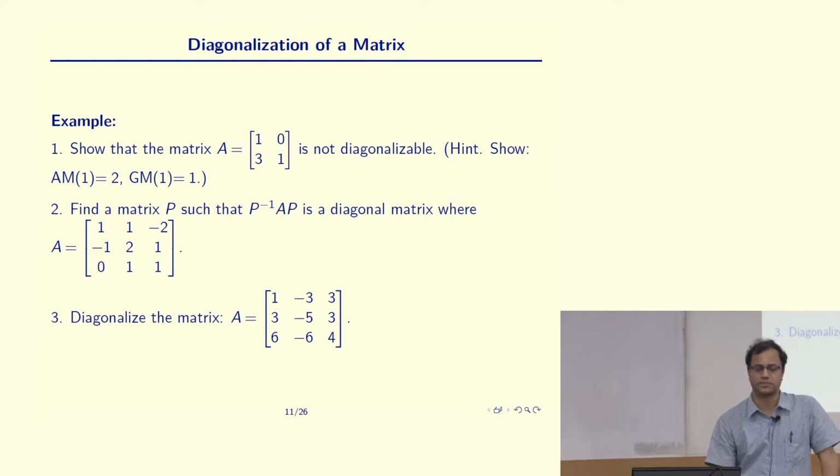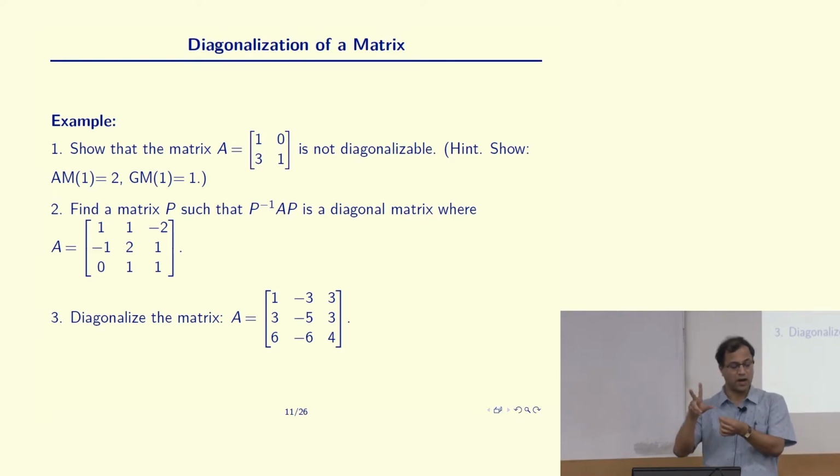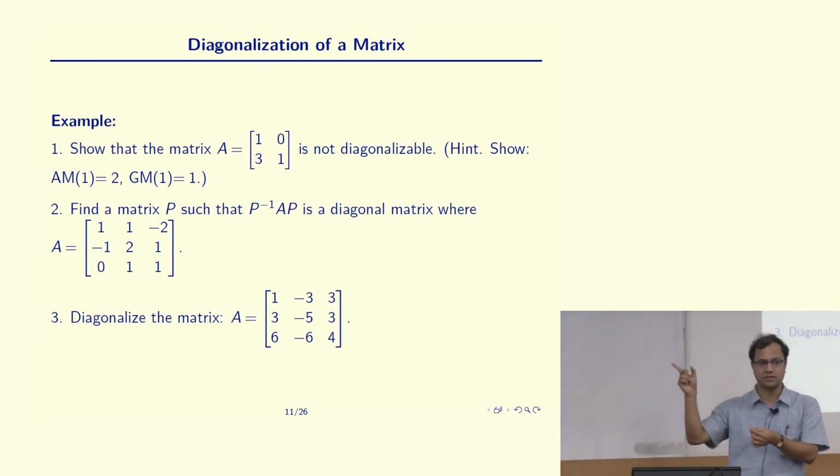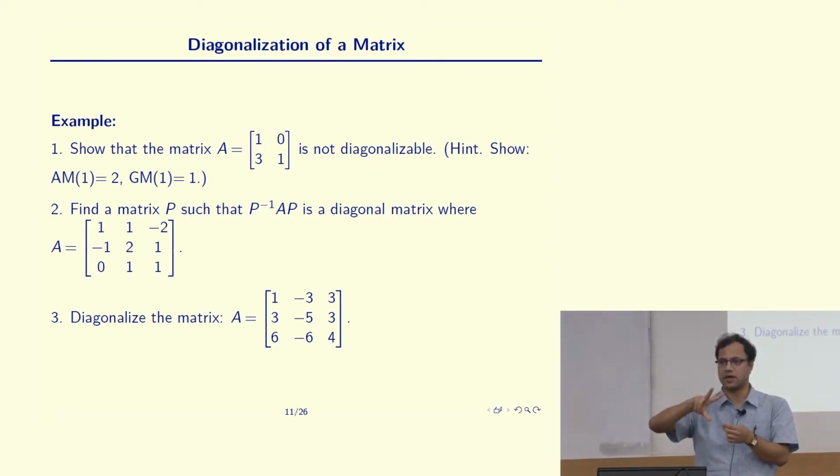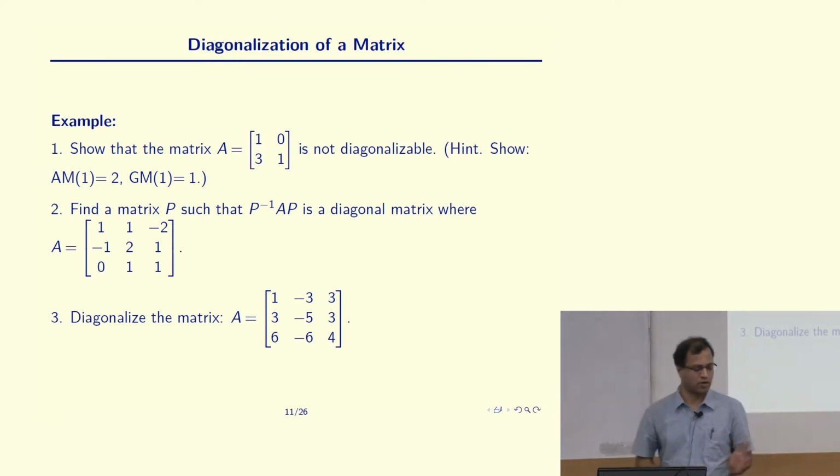This is not diagonalizable because lambda equal to 1 is repeated 2 times as an eigenvalue, but its geometric multiplicity, that is the number of eigenvectors you can find corresponding to this lambda, is 1. You cannot find 2 independent eigenvectors corresponding to that particular lambda. That's why it is not diagonalizable. You can try a few of the exercises. So just move on.